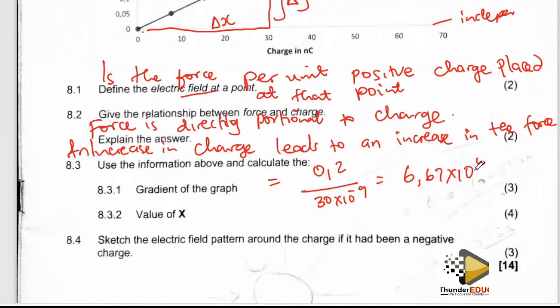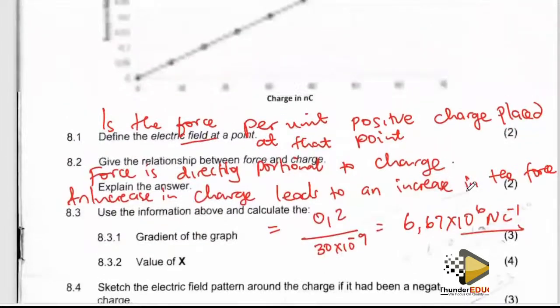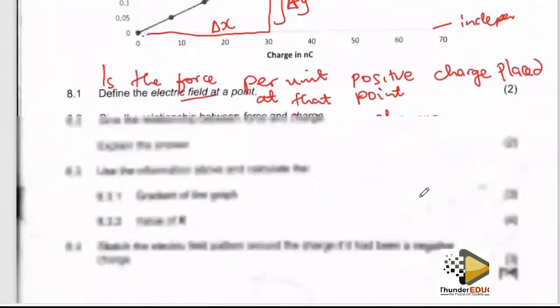Remember, it's force and charge, so it's going to be Newton per coulomb. I don't know, that's what I'm getting. So it all depends on which values you're going to use. These look like estimates, so anything that you use would make a lot of sense.